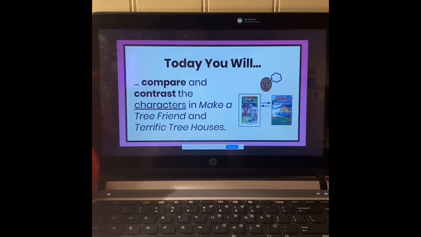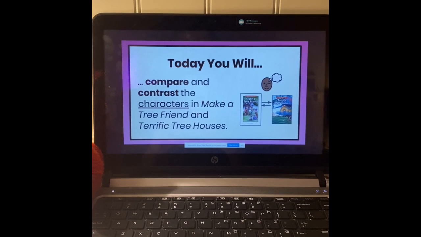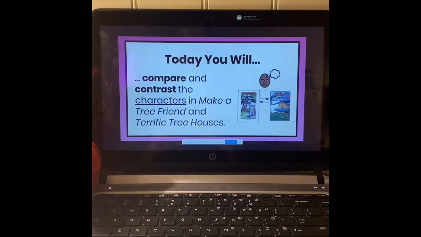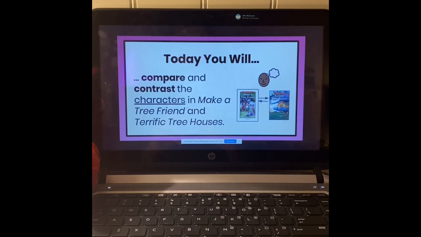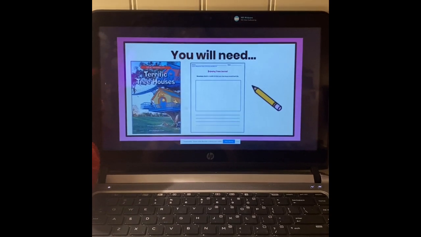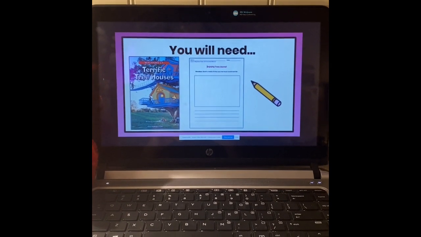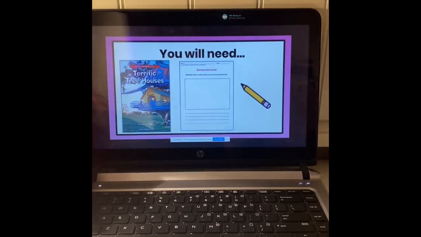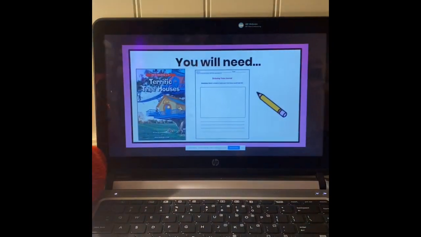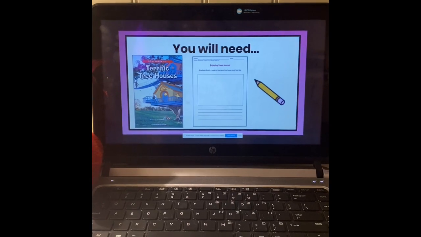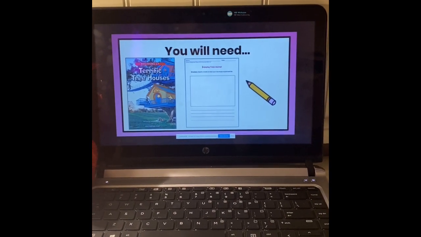Today you will compare and contrast the characters in Make a Tree Friend and Terrific Tree Houses. You will need the book Terrific Tree Houses, which we will read in this video, Enjoying Trees Journal, and a pencil.